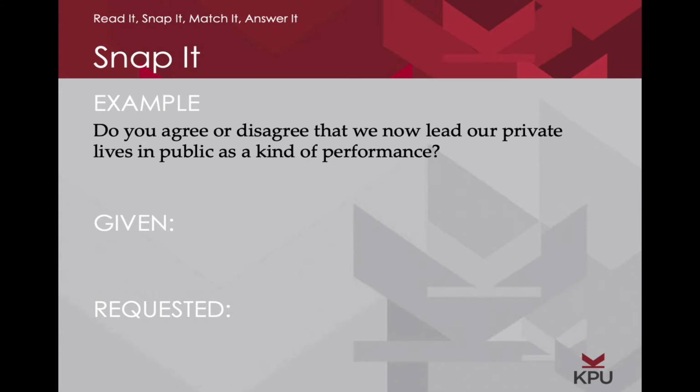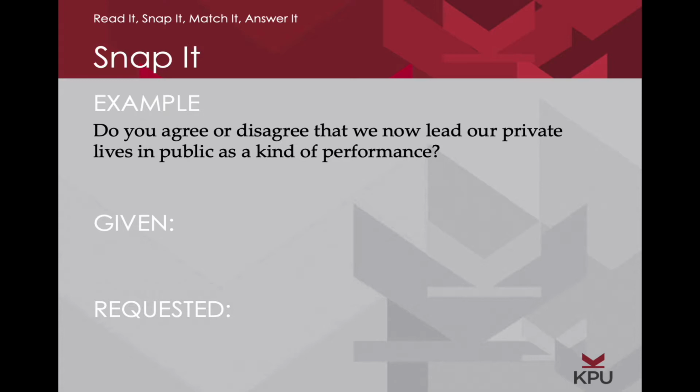A more complex question, like our essay question here, do you agree or disagree that we now lead our private lives in public as a kind of performance? Okay, how do we snap this one? Again, we have to take off the words that frame this as a question and take off our question mark at the end. In this case, the do you agree or disagree are the key words that really frame this as a question.